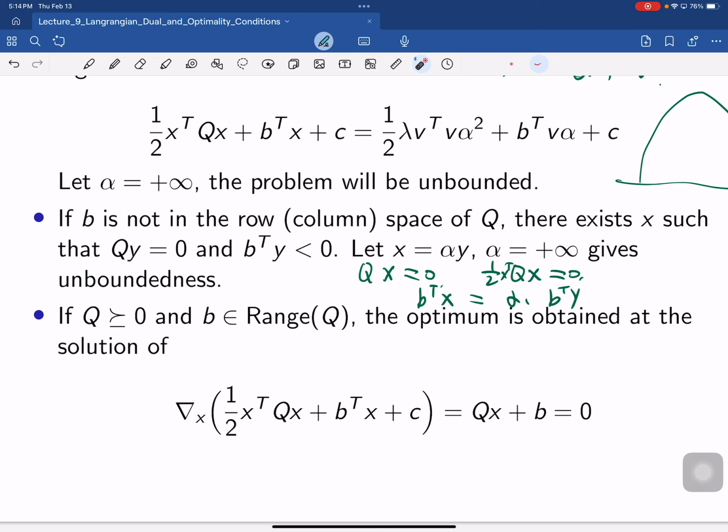Yes, exactly right. That means b is in the column space of Q: a linear combination of the columns of Q can give you b. So that's pretty much what this condition is.